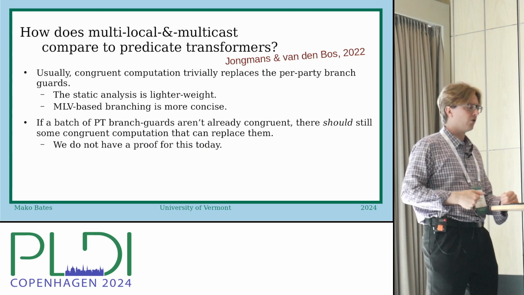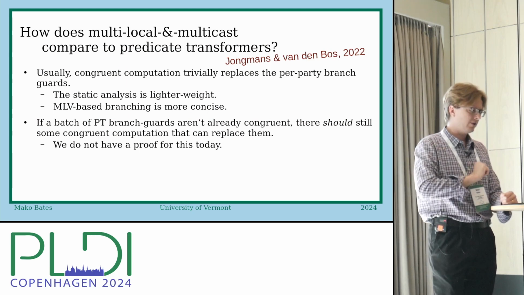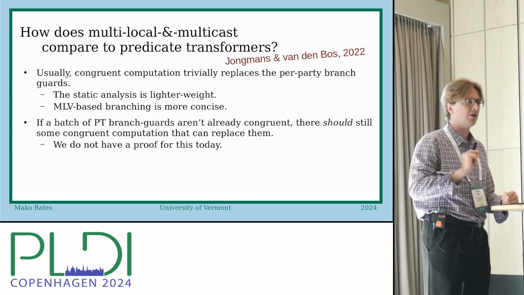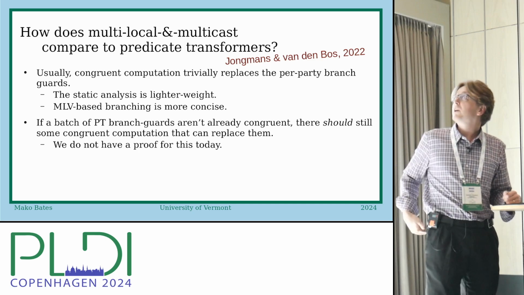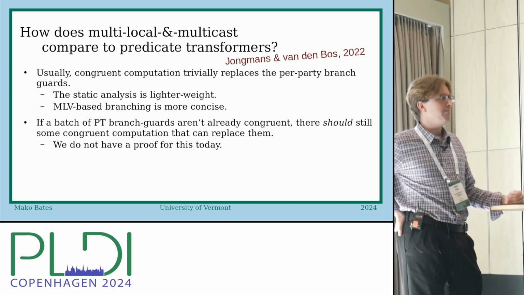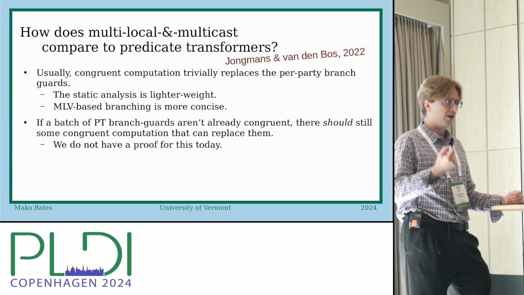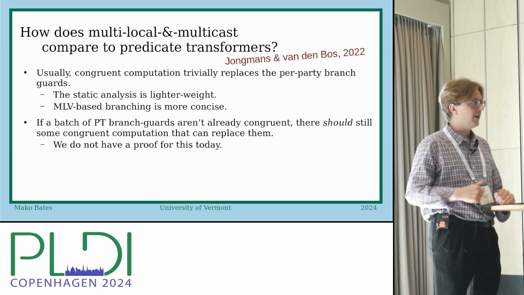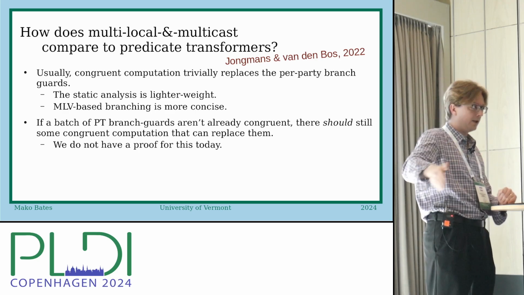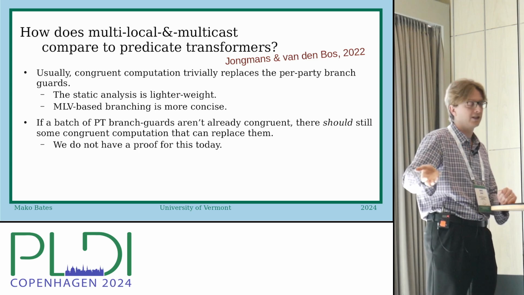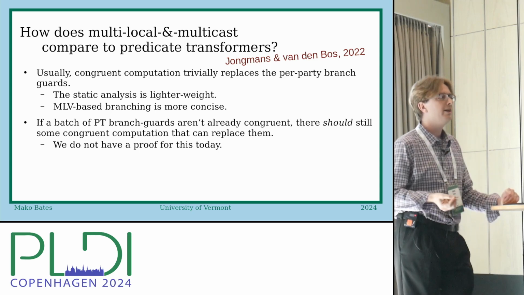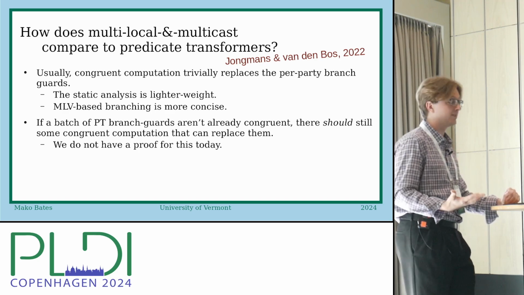So, predicate transformers. I haven't met Ulsmall or Van den Bos, so hopefully that's the correct pronunciation of their names. They put this forth a couple of years ago. In their system, when you have a case expression, there's per-party branch guards, and then a static analyzer goes through, uses predicate transformers on the semantics of your program to guarantee that all such decisions are made unanimously.